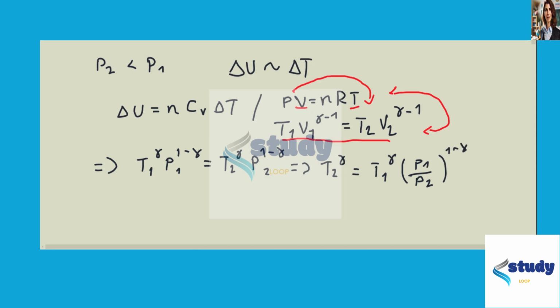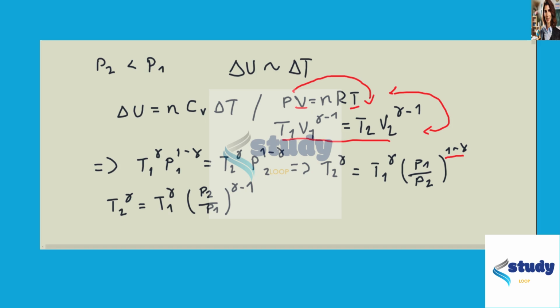Inverting, we need to invert the exponent so that the ratio changes, and the ratio will be inverted as well. T2 to the power gamma will then be equal to T1 to the power gamma, but now P2 over P1 to the power gamma minus 1.